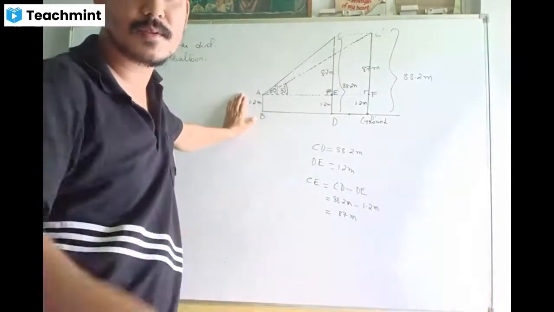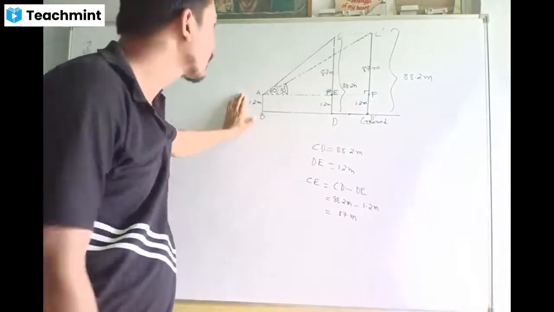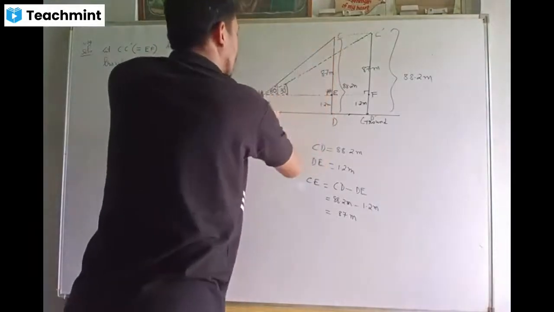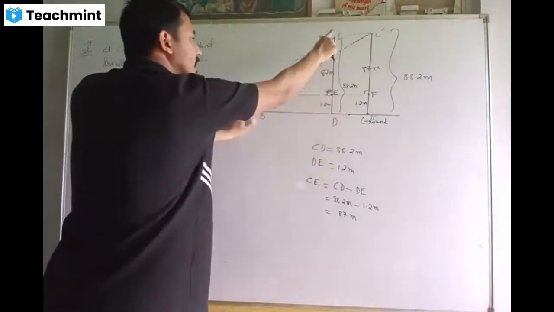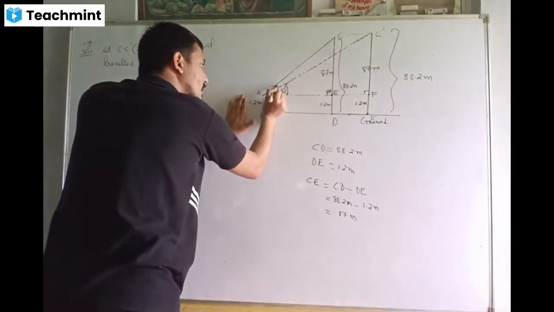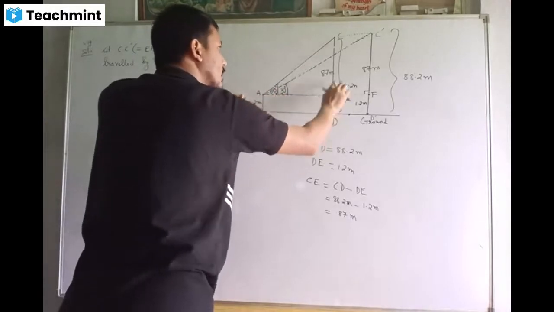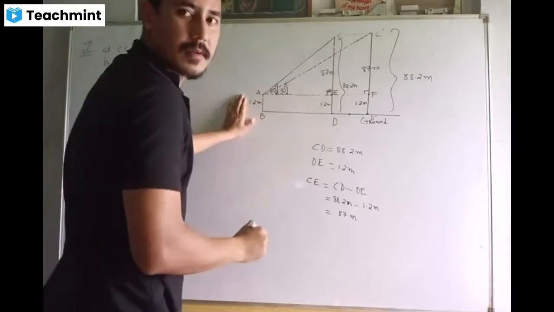Okay, it's 2. One is AEC, the smaller one. In AEC, the angle theta is 60 degrees. For this right triangle AEC, the angle theta is equal to 60 degrees.